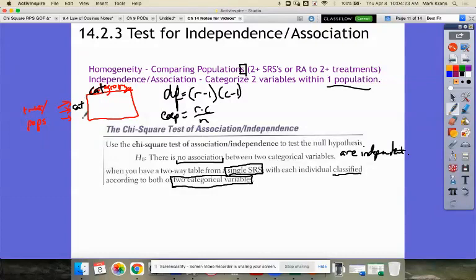I like odd, even, or non-integer. You could have multiple groupings, but two categorical variables: pet preference, number preference, within one SRS. They all come from the same place.